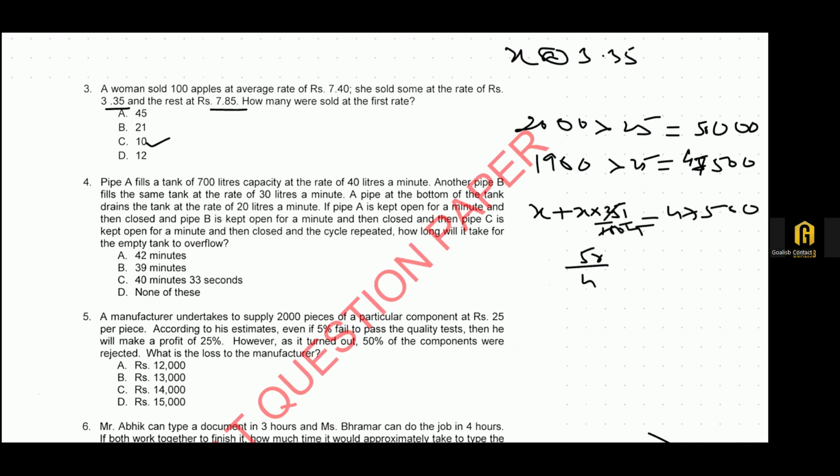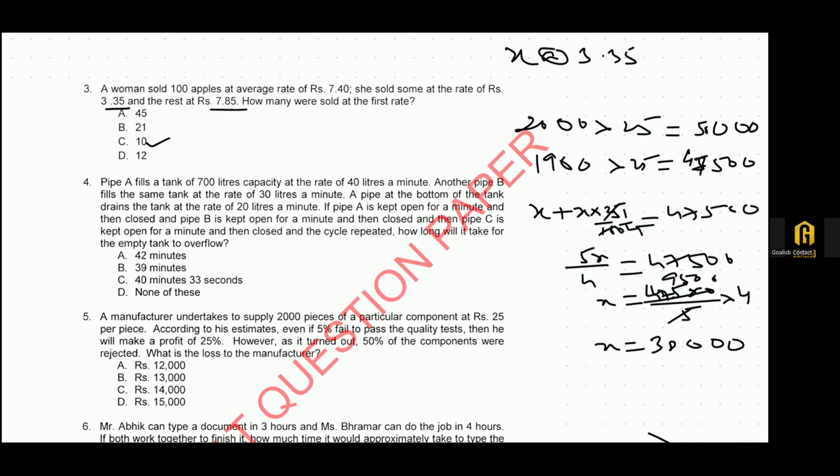In this case, x will be equal to 47,500 upon 5 into 4. So this will come out to 9,500, and the value of x would be 38,000.